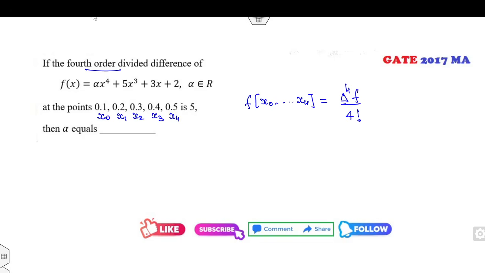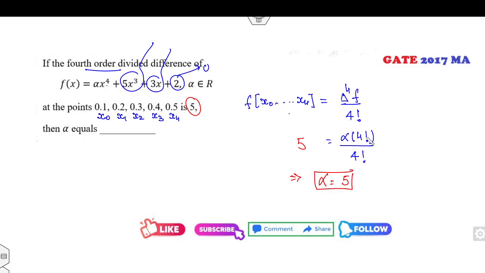Fine. Now, what is the fourth derivative of this? 0, 0, 0. What is the fourth derivative of x4? It's 4 factorial. And what is given to you? The fourth derivative is my 5. So can you find the value of alpha? Alpha is my 5. So 5 is the correct answer for this problem.